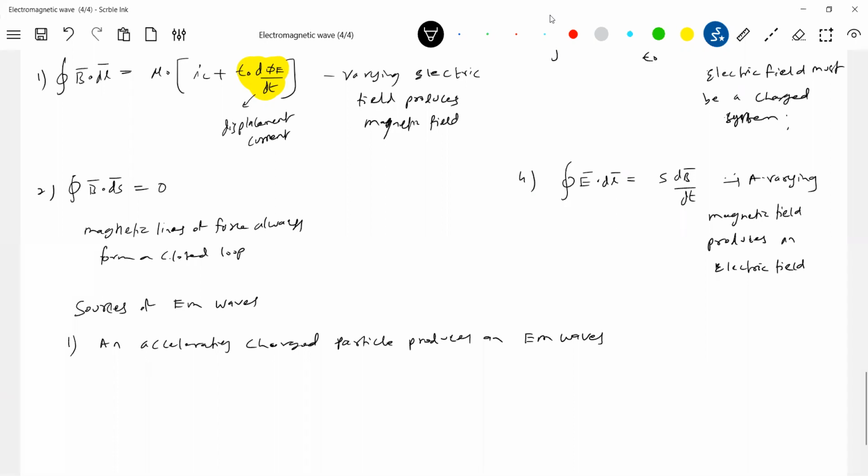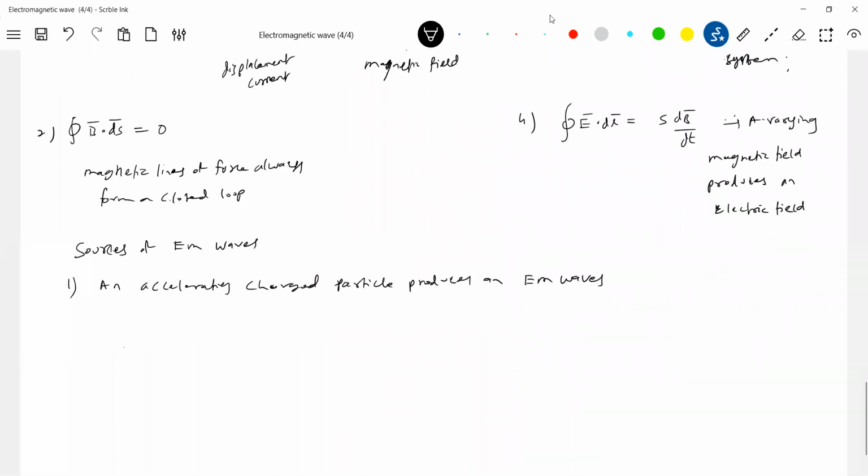If a charged particle is at rest, we know the electric field at this point. And if a charged particle moves with a velocity v at a distance r, what is the magnetic field here?